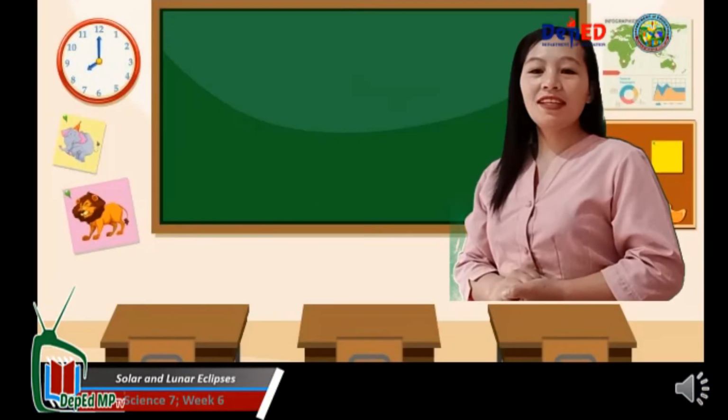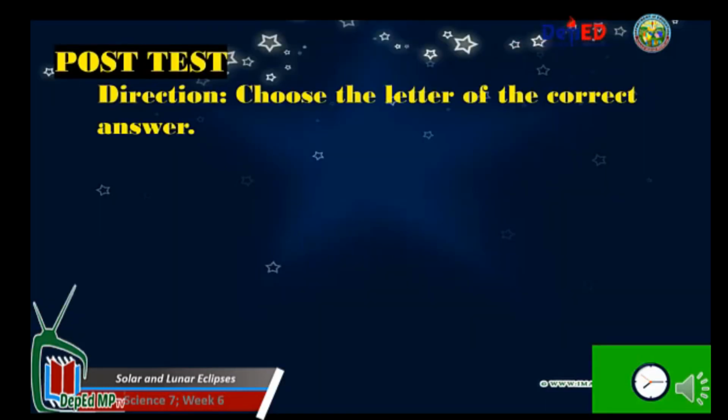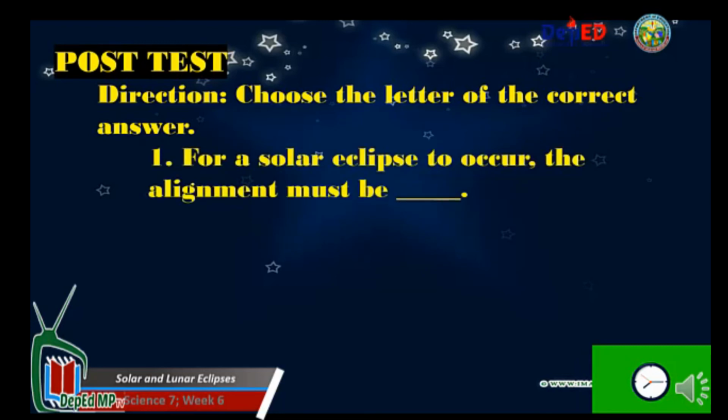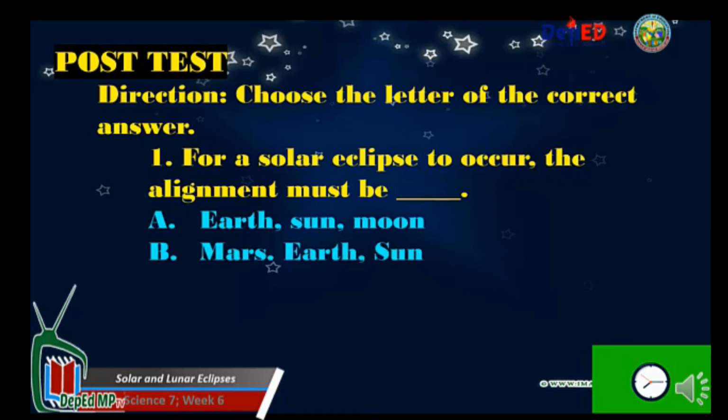Let's check the knowledge you gained from our lesson. Direction: choose the letter of the correct answer. Number 1. For a solar eclipse to occur, the alignment must be blank. A. Earth, Sun, Moon. B. Mars, Earth, Sun. C. Sun, Earth, Moon.